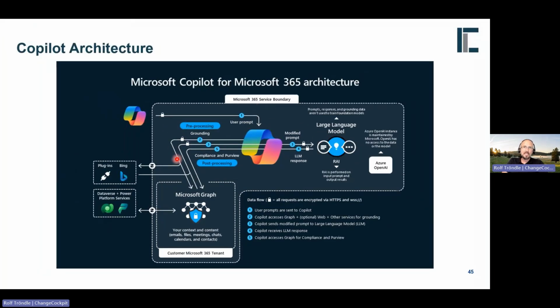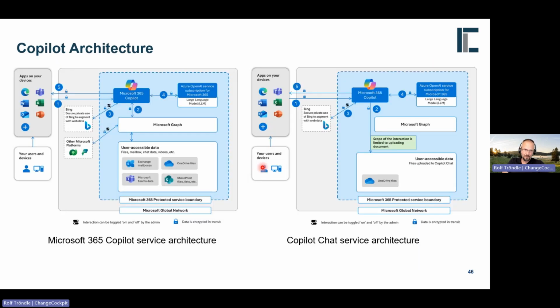That's the basic flow of how Copilot works within your tenant. It's your instance of Copilot in there, and it uses your graph if you have a Copilot for Microsoft 365 license.